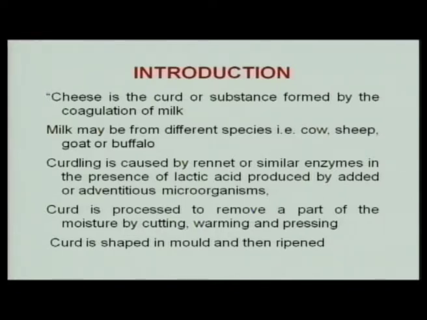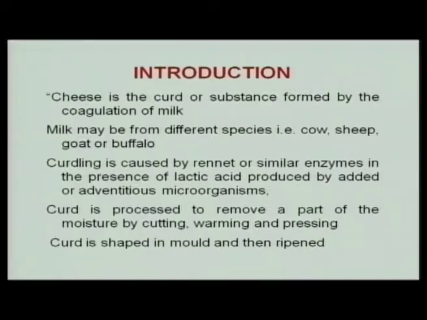Curdling is generally caused by rennet or similar enzymes in the presence of lactic acid produced by added or adventitious microorganisms. Rennet is an enzyme which comes from the stomach of the calf, but nowadays, as I said, similar enzymes are available from microbial production or from genetically engineered varieties.